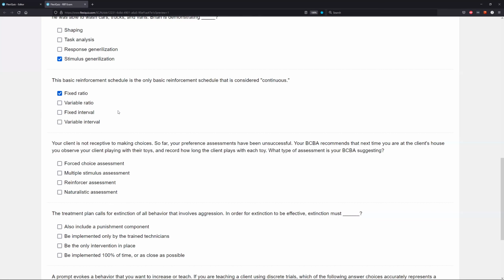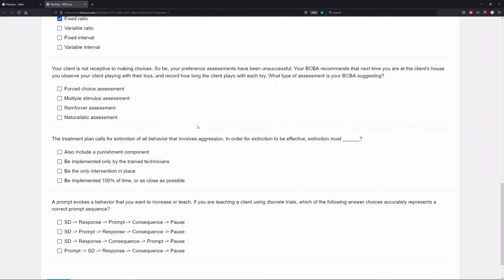Variable ratio and variable interval, obviously, because we're taking an average amount and the number is changing. Fixed interval, if we set that interval at 30 seconds, they can respond as much as they want, but they're not going to receive reinforcement until this 30 seconds has passed, okay? So the only time we're delivering continuous reinforcement is on an FR1, a fixed ratio 1 schedule.